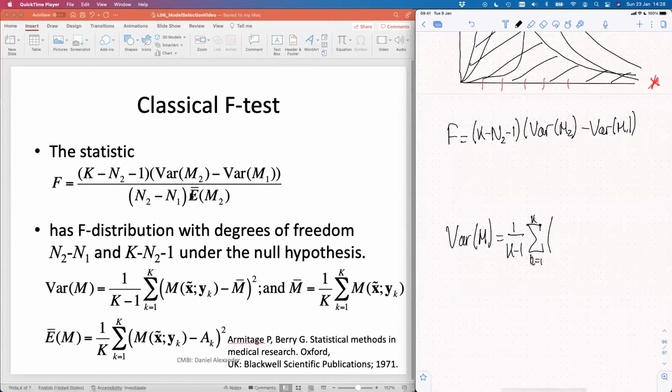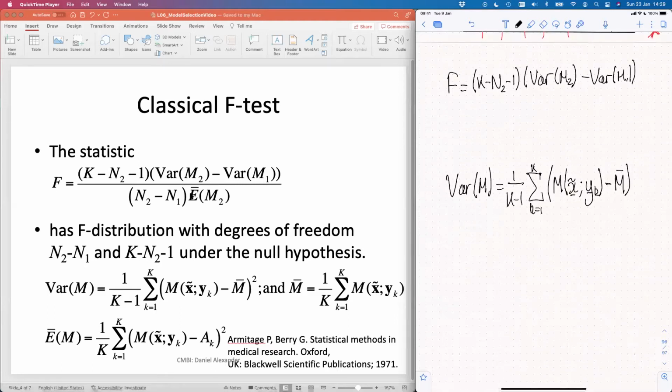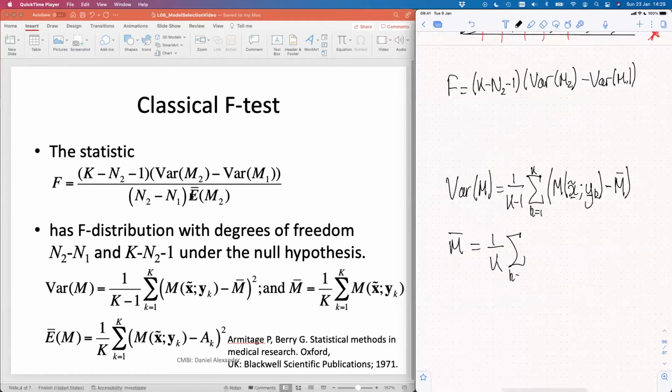So M here is the value of the model given the maximum likelihood parameter estimates and evaluated at our independent variable positions, the k different positions corresponding to our k different measurements, minus M bar, which is the mean of the model. I'll write that down too. M bar is 1 over k times the sum, just the mean of the model's predictions at each of those combinations of independent variables.